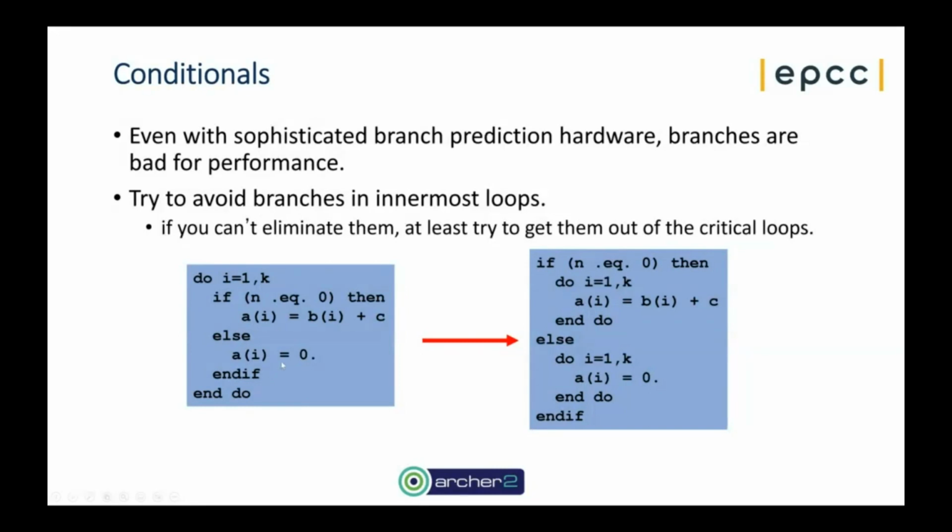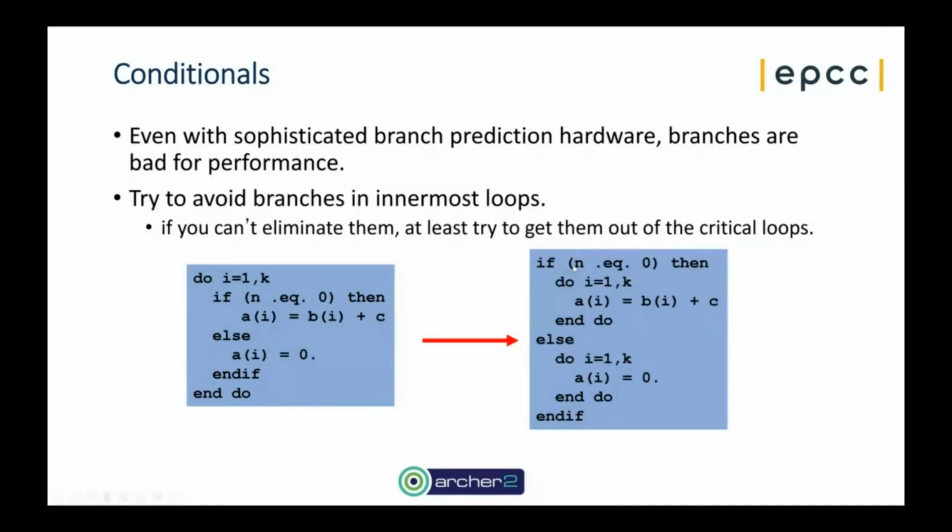But if statements inside loops can be pretty expensive. Now, you may not be able to get rid of this. It may just be part of your program. But in this example here, you can see n doesn't change inside this loop. So actually, I've got no reason to have the if statement on n inside this loop. This may be my most compact, most sensible bit of code I've written.